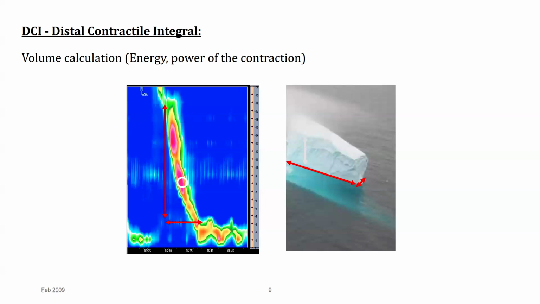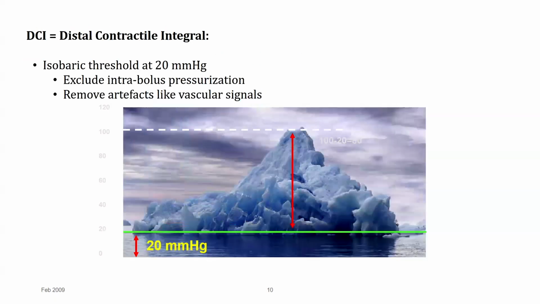We will see. But there is a very important point we have to highlight, which is the isobaric threshold. What is the isobaric threshold? As you know, at the esophagus, before the patient makes any swallow, there is some pressure inside the esophagus. This pressure exists because the esophagus is a cylindrical muscle.